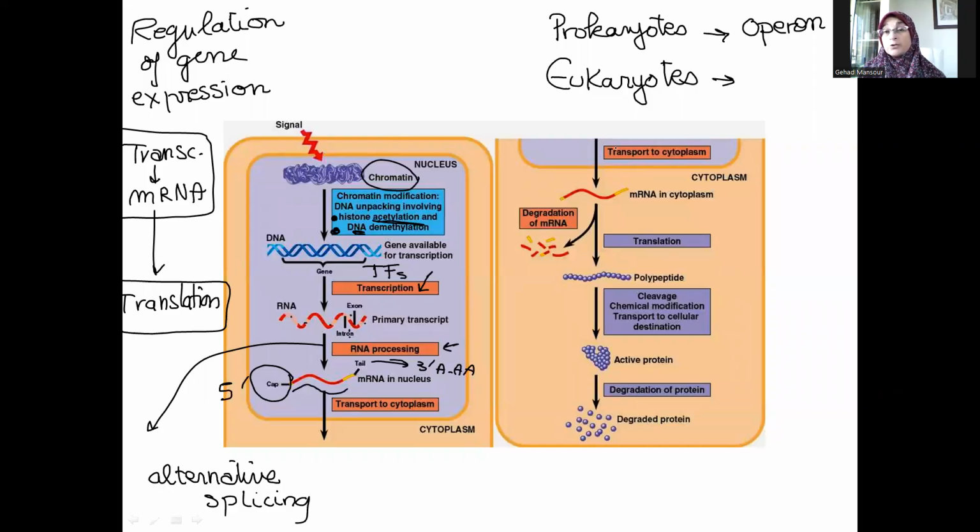And then it is transported to the cytoplasm. Of course, we can also regulate at this level. And then after messenger RNA has been translated, it becomes degraded.